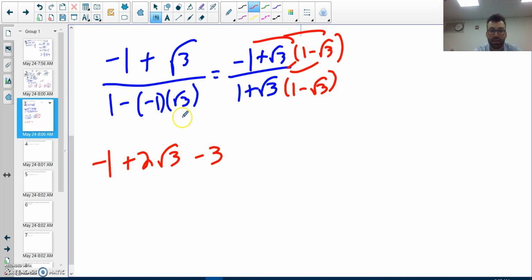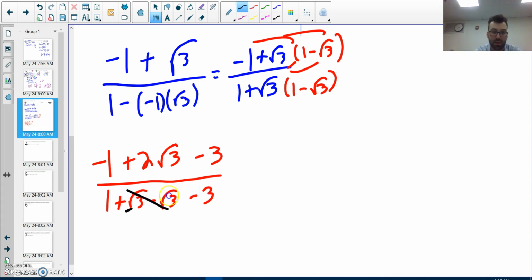Now how did I get this? I have negative 1 times negative root 3 to give me positive root 3, and then I have a positive root 3 here as well. Whenever I FOIL this out, the shortcut is that the radicals cancel out.